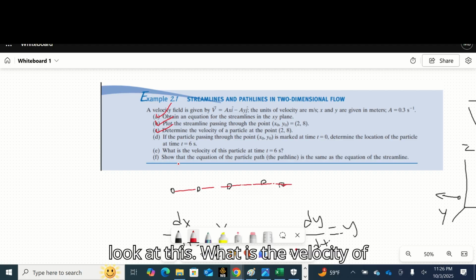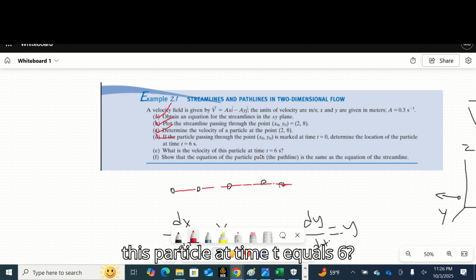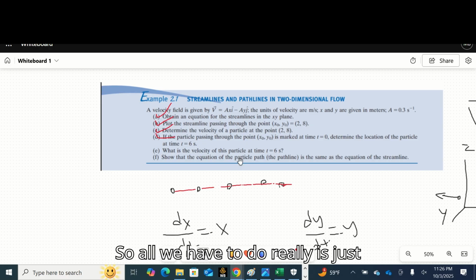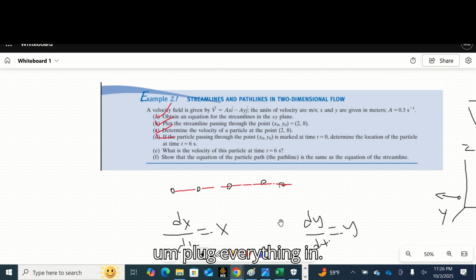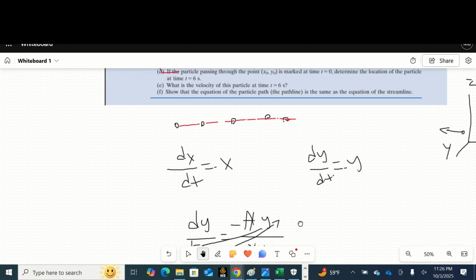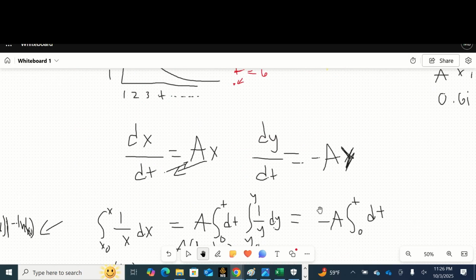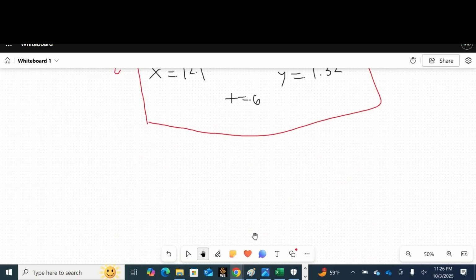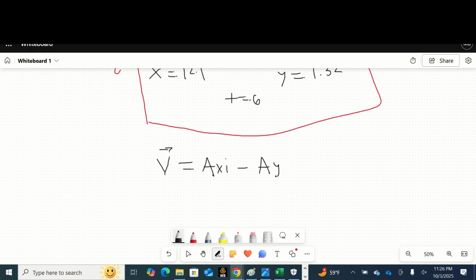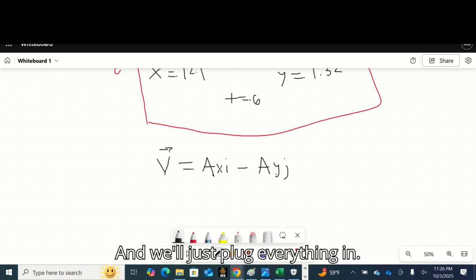Let's take a look at this. What is the velocity of this particle at time t equals 6? All we have to do really is plug everything in. Let's recall our equation, and we'll just plug everything in.